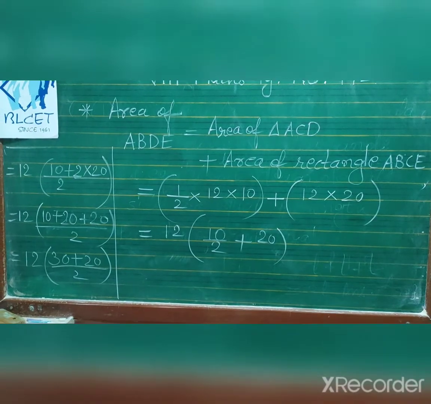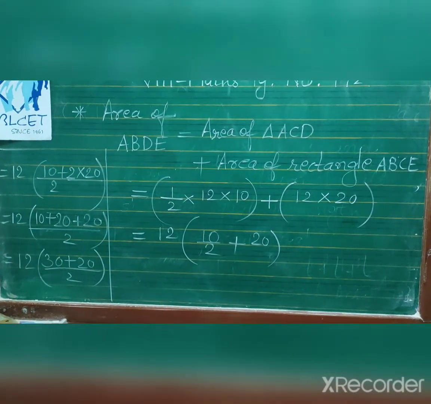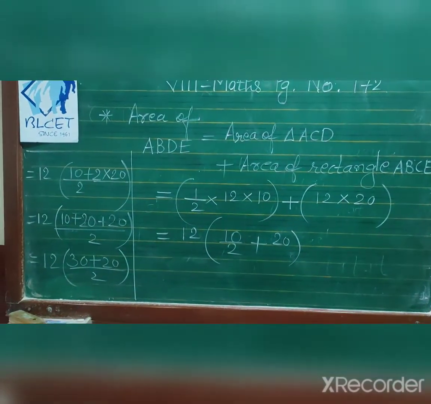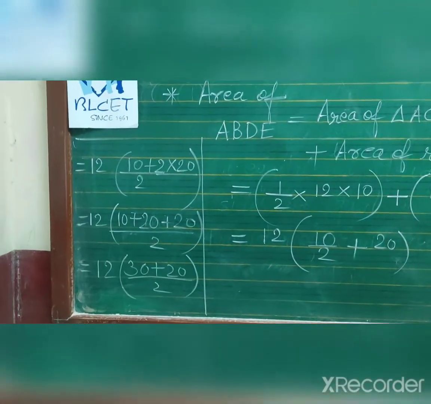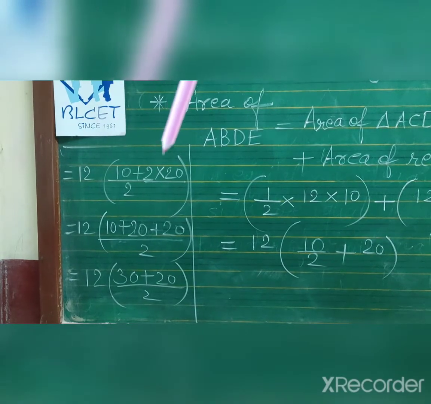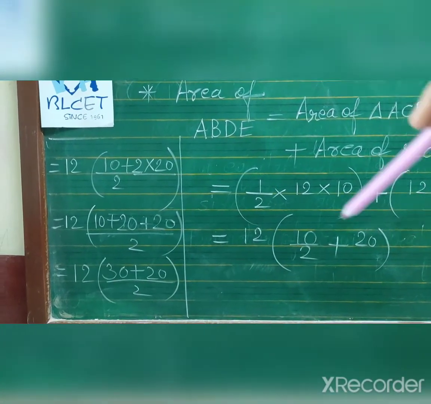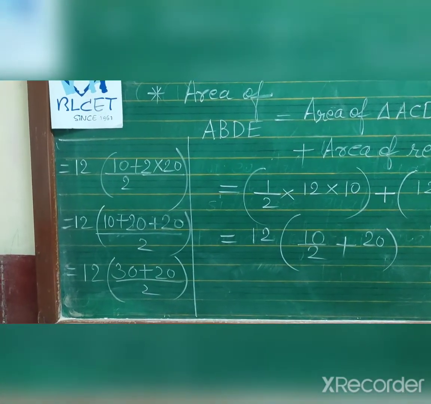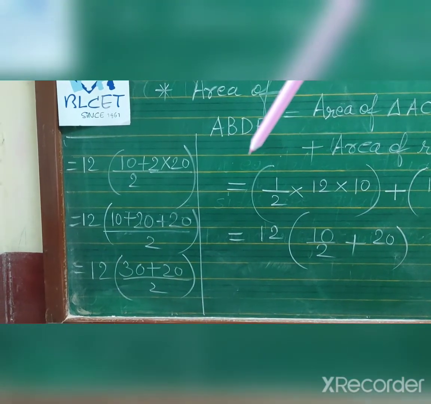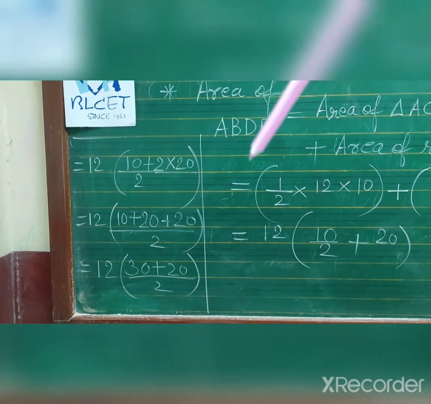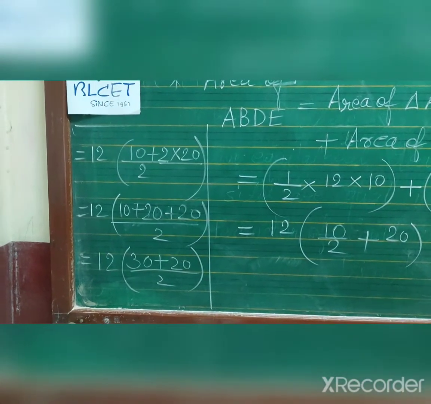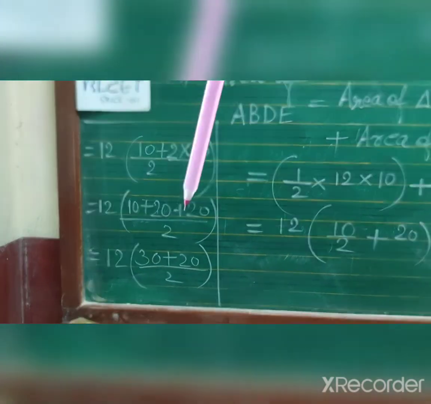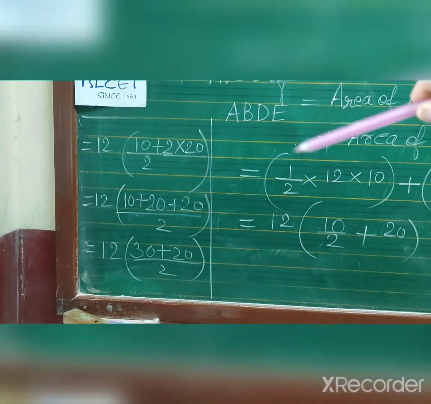We will take LCM, we will not take reduced form. So 2 into 20, don't multiply, that means 20 plus 20. Repeated addition is called multiplication. That means 2 times we add 20. 10 plus 20, 30, upon 2.